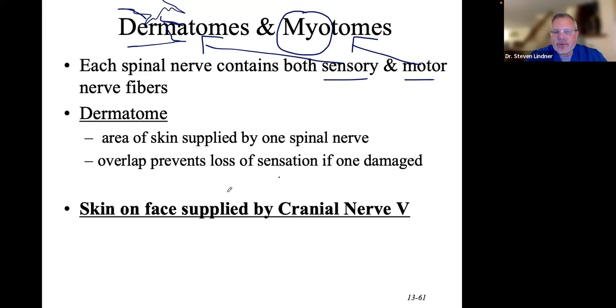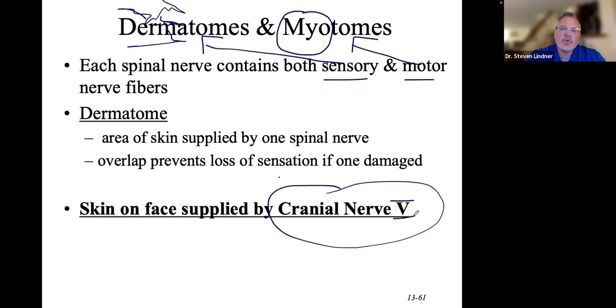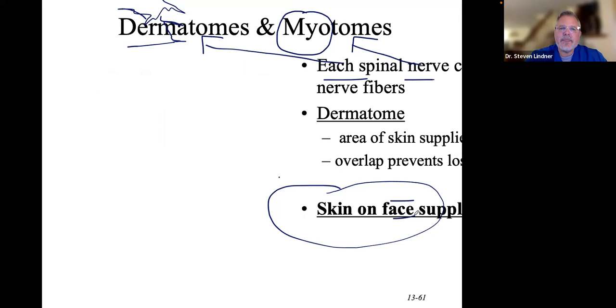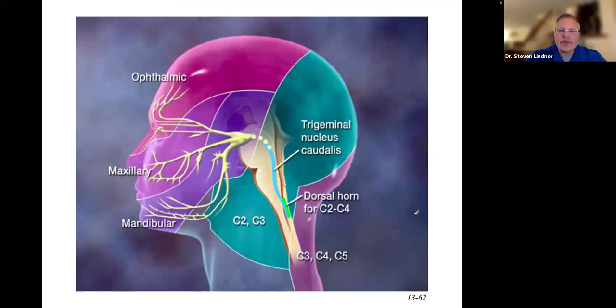There is a unique dermatome to the face, and it's not controlled by a spinal nerve, but it's actually controlled by cranial nerve number 5, which is called the trigeminal nerve. It's trigeminal because you can see that this cranial nerve has 3 divisions.